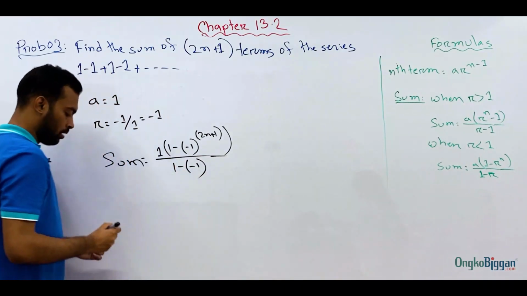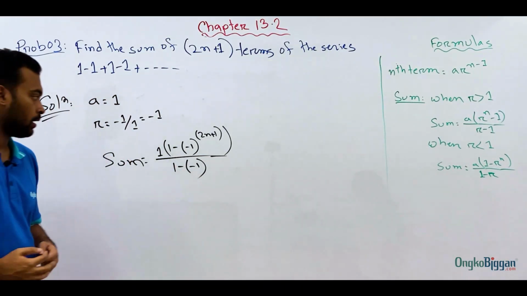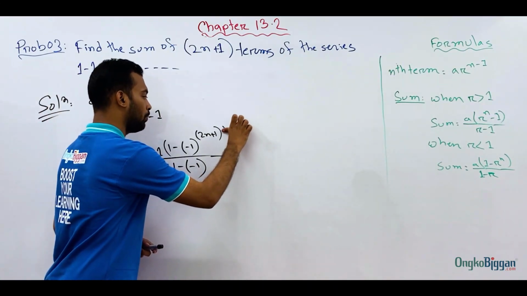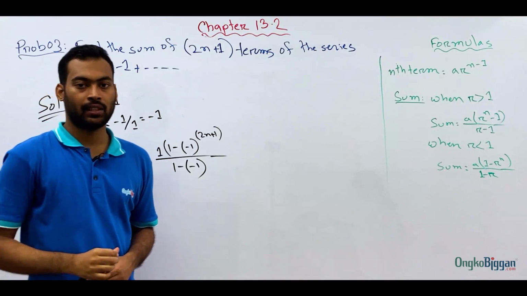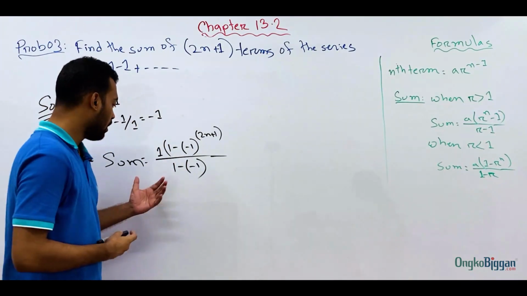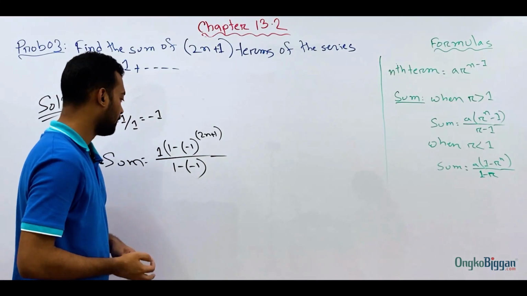Now this expression 2n plus 1 doesn't give us any integer value. So if it's not an integer value, how are we going to find the sum?